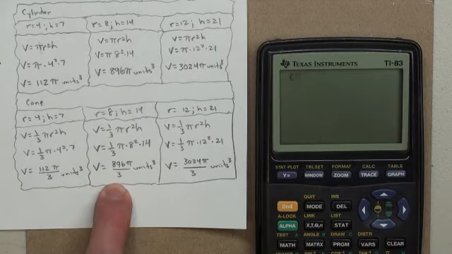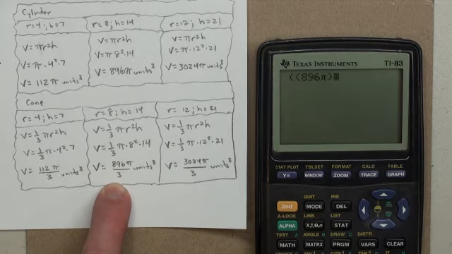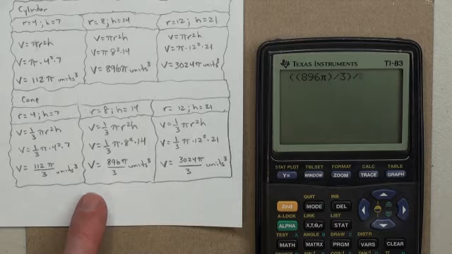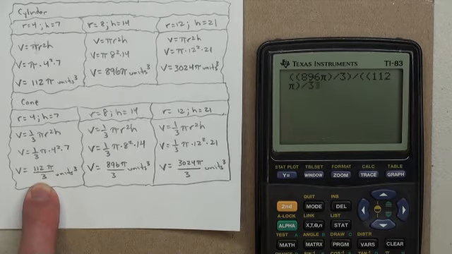Now watch how I put this in here. I have two parentheses, 896 pi, close that parenthesis, divided by 3, now close the whole thing in. So that's my first big fraction here. And I'm dividing that by 112 pi, close that first parenthesis, divided by 3, close the next parenthesis.